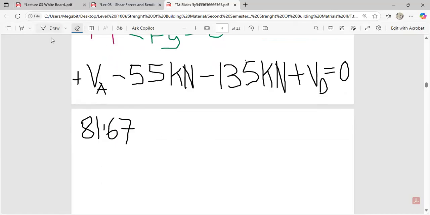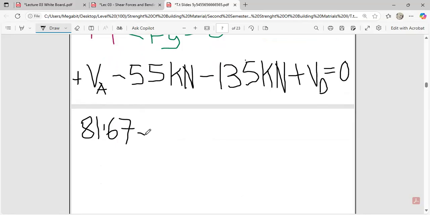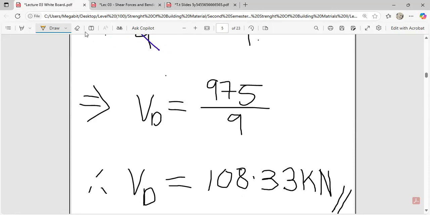And then what was the next one? Let's bring that minus 55, then minus 135, plus the VD. And what was the answer for the VD?